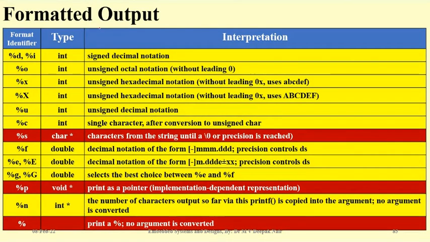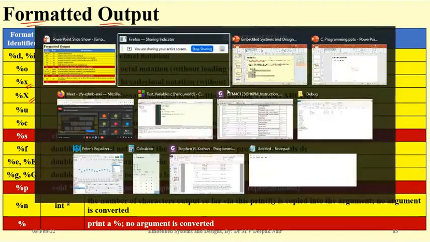Apart from that, I have also discussed formatted output. We call it a data specifier or format identifier. You can use data specifiers to specify the way you want to print or represent a number.